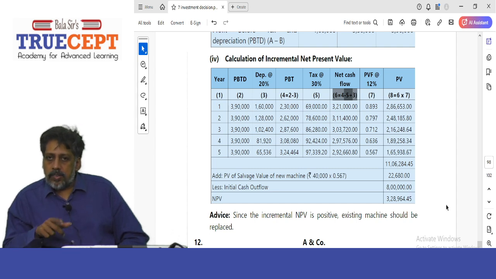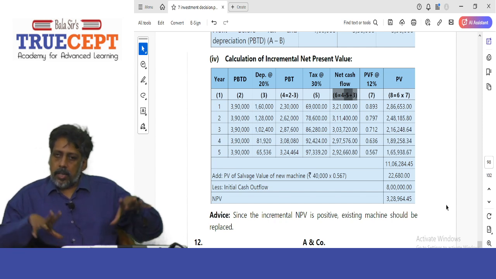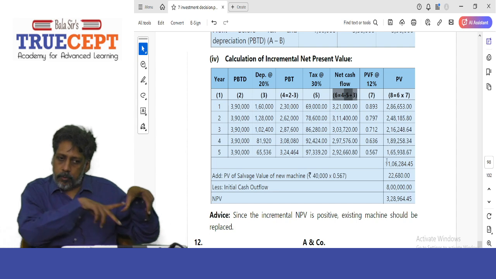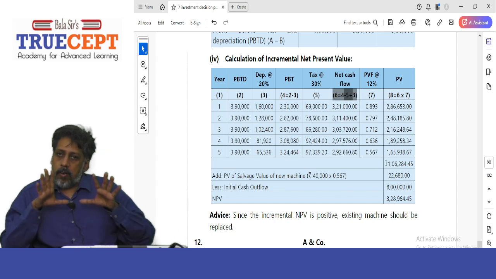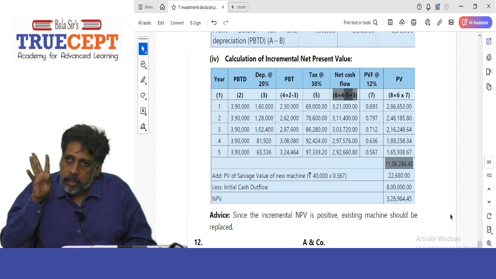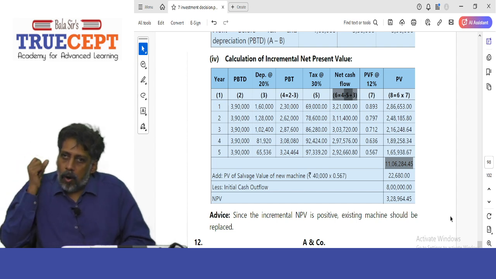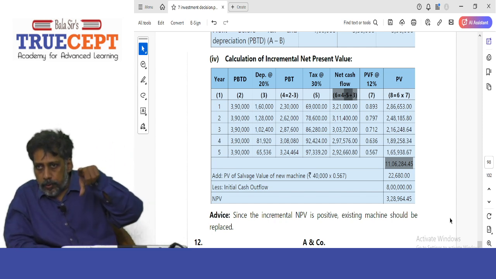And now you can discount all these cash flows at 12%. You'll get the present value of all the incremental cash flows, 11,06,200. Then also add, at the end of year 5, you'll be able to sell the new machine for 40,000 rupees, right? So 40,000 salvage value, into 0.56, the fifth year factor.